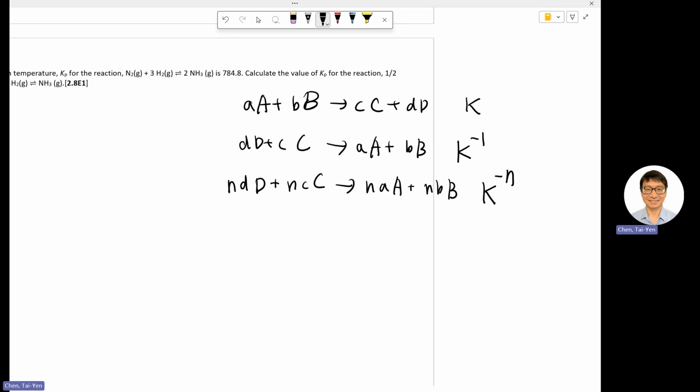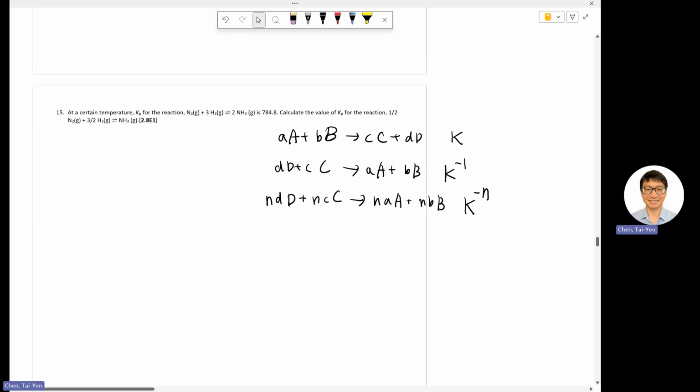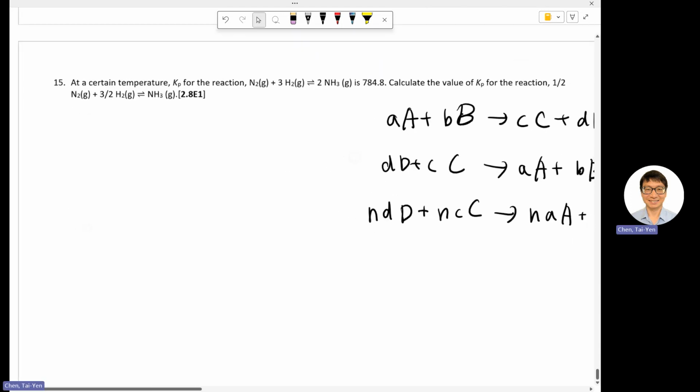Those are the things that we have learned. And also, if you have two equations add up, then the new equilibrium constant K will simply be the product of the other two, right? So those are the things that we learned in the past lecture. We're going to use the same concept right here.